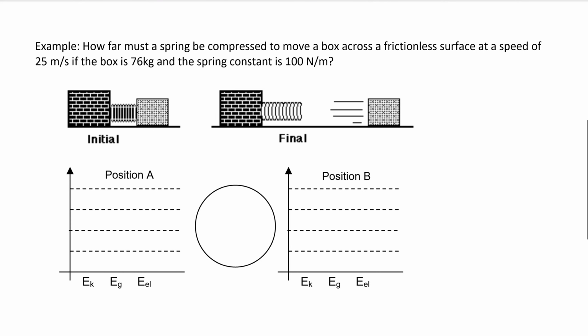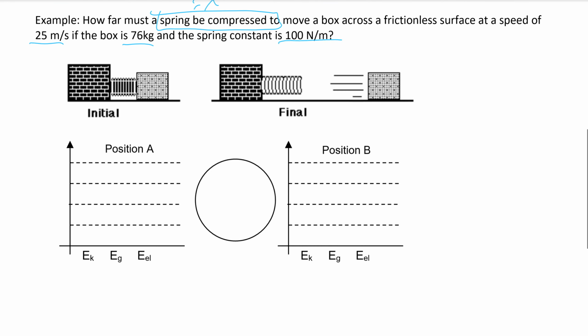Here is the example I'm going to use. How far must a spring be compressed to move a box across a frictionless surface at a speed of 25 meters per second, if the box is 76 kilograms and the spring constant is 100 newtons per meter?